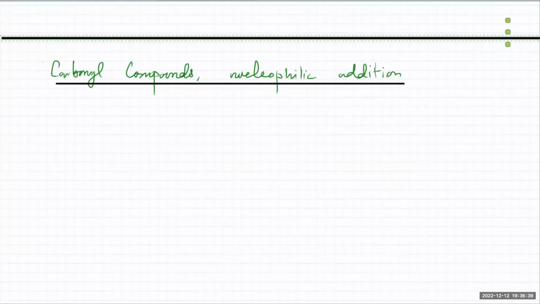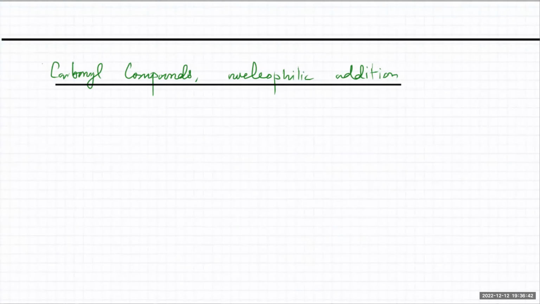So the mechanism of this reaction is, I'll write down the reaction first. It's known as nucleophilic addition. Now remember it's for carbonyl compounds. So if I take any aldehyde or ketone, the carbon is positively charged and the oxygen is slightly negatively charged.